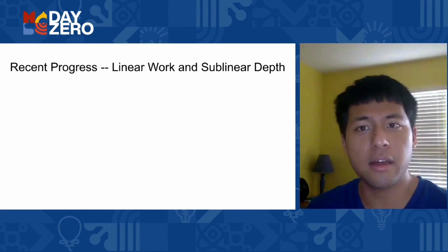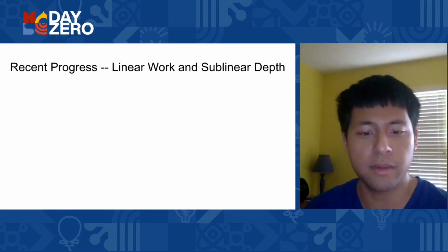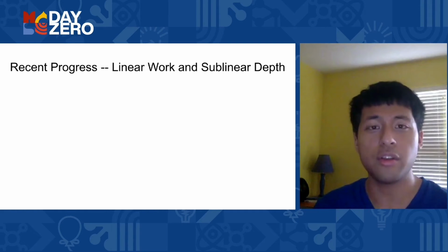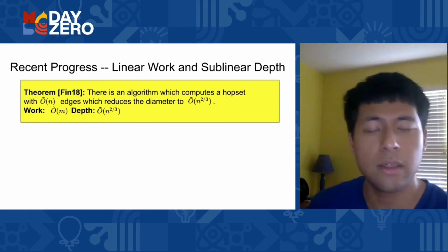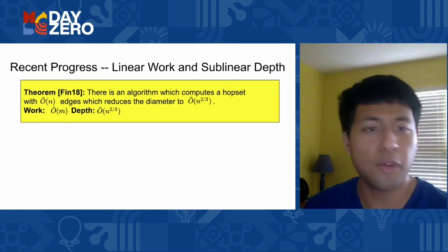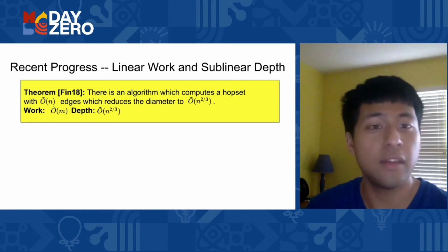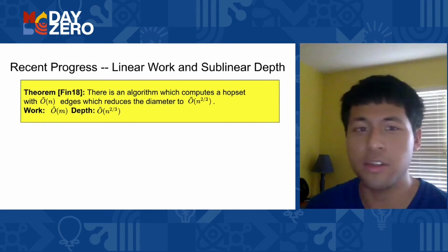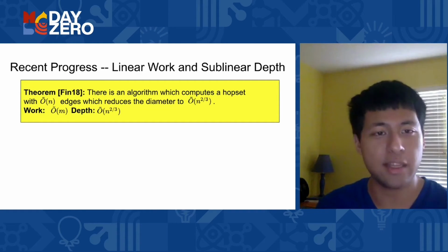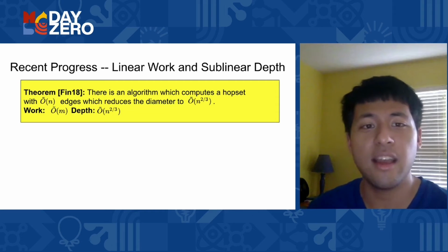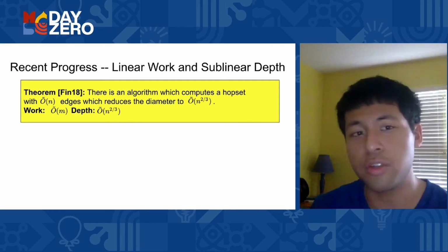At this point, I'm going to talk about some recent progress on this problem, where it was actually shown that you can do linear work and sublinear depth for this parallel reachability problem. The first result in this direction was an amazing algorithm of Fineman, which I'm going to talk about later, where he shows that there's an algorithm that can build a Hopset with Õ(n) edges and reduces the diameter to Õ(n^(2/3)).